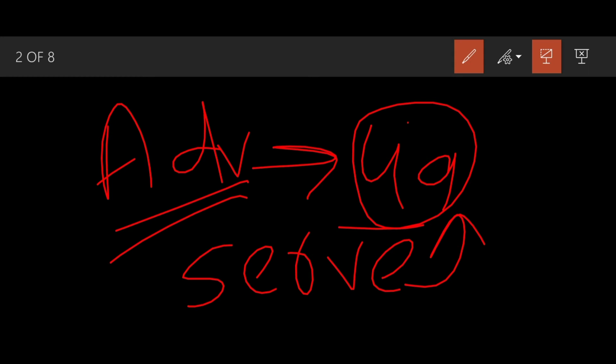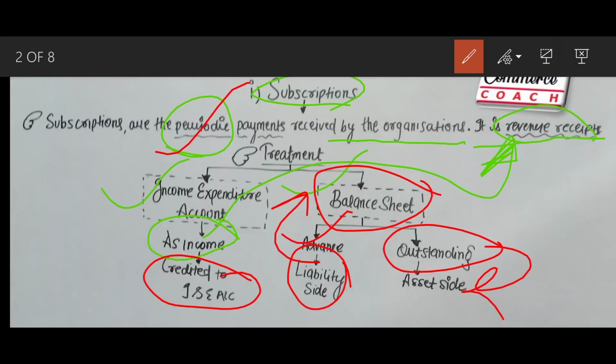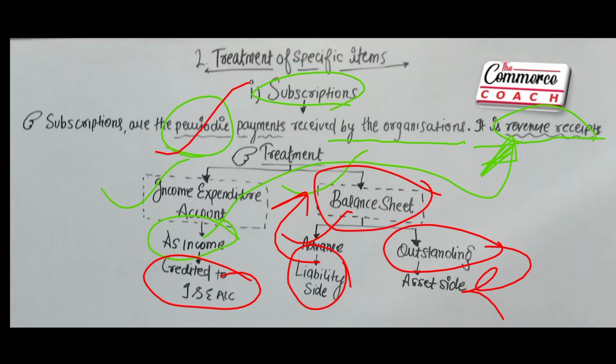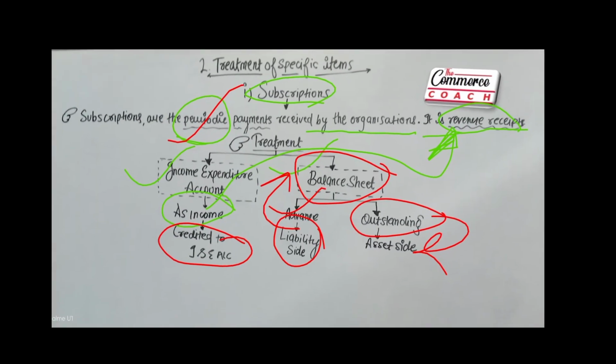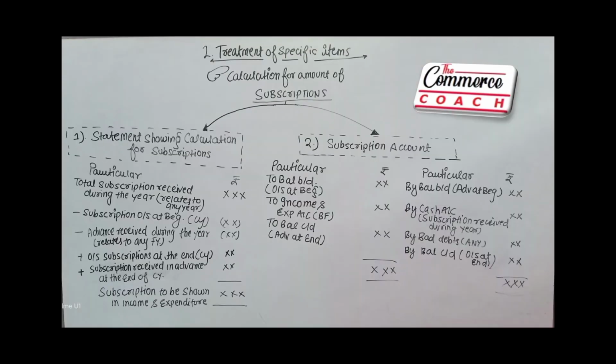Okay, so now you have got the point why advance is shown as liability and why outstanding is shown on the asset side. I hope you have got what is the treatment for the special item subscription in the financial statements. So now let's move on.